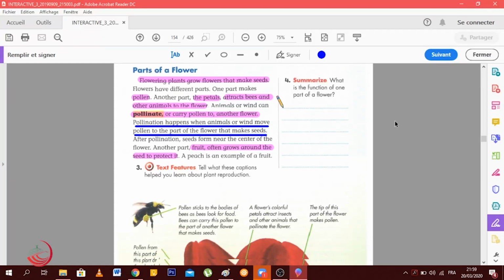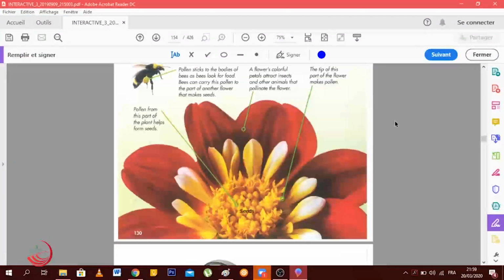So if we come here, we can see that we have a pollen, we have the petals, and we have this part of the flower. And we also have the seeds, and we also have the fruit. So we have parts of this flower.